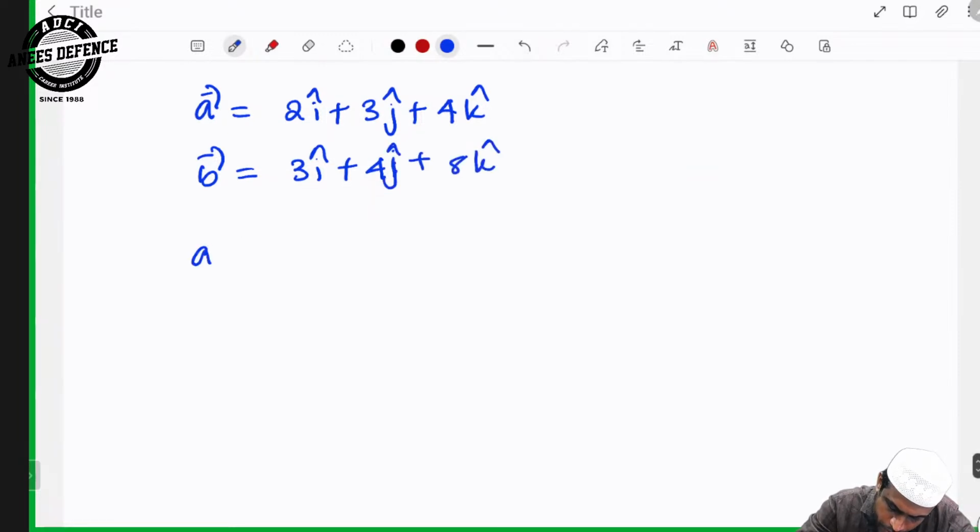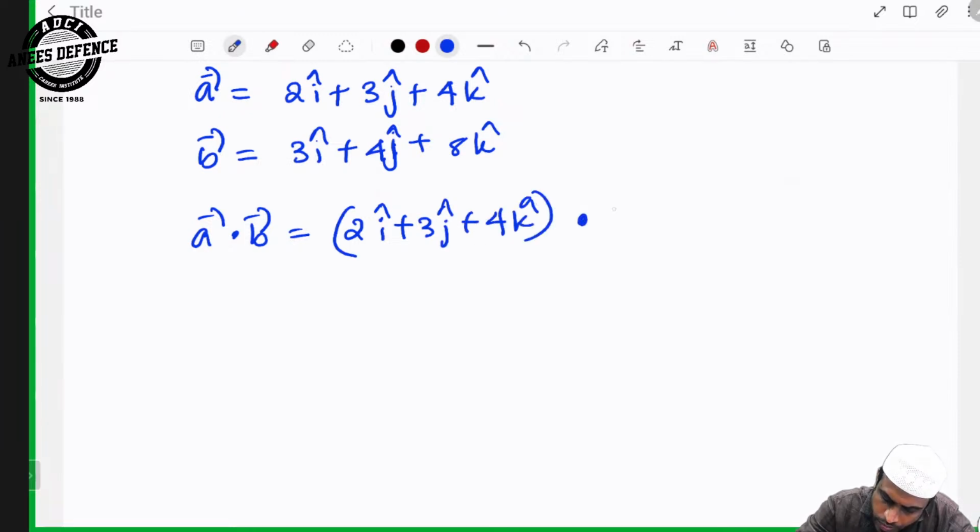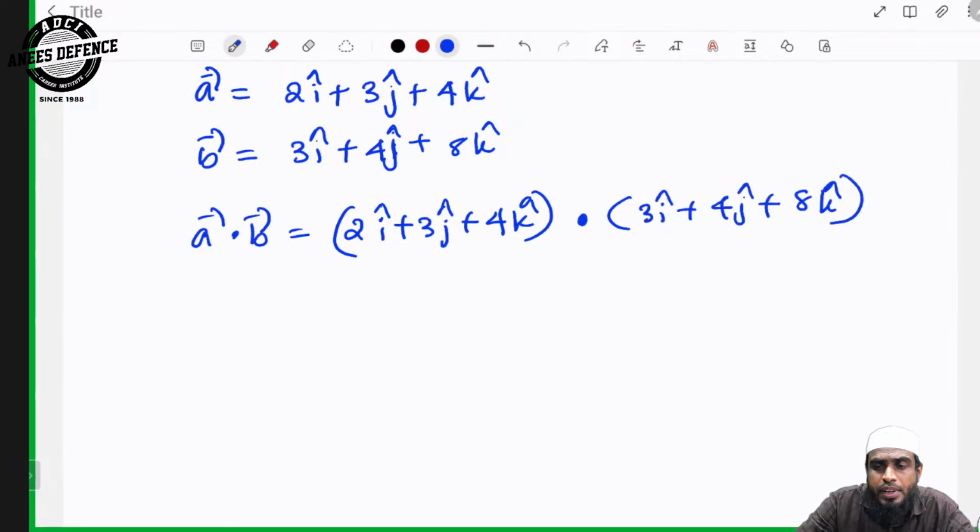So what is A dot B? A dot B: 2i plus 3j plus 4k dot 3i plus 4j plus 8k. When you are multiplying, you can multiply everything.